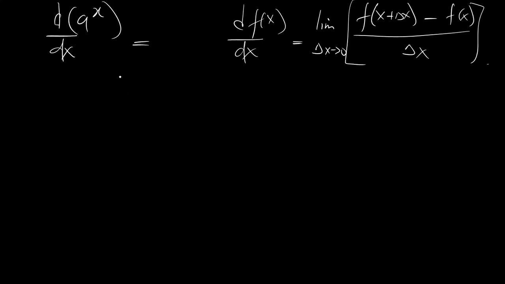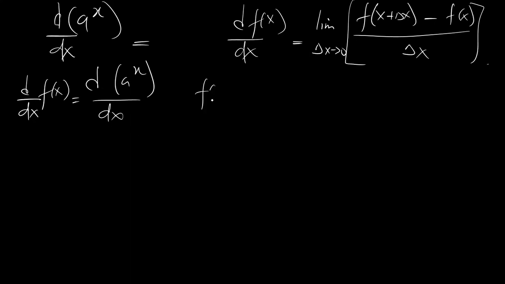Now we have something like this. So now, we're looking for this. That means our f of x is equal to a raised to power x, and f of x plus delta x is equal to a raised to power x plus delta x.